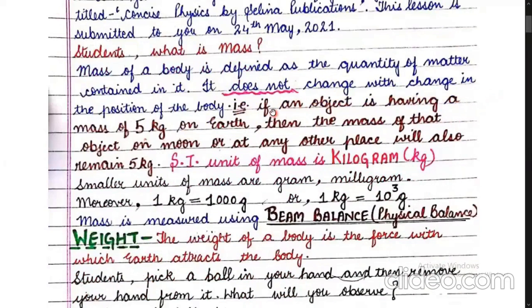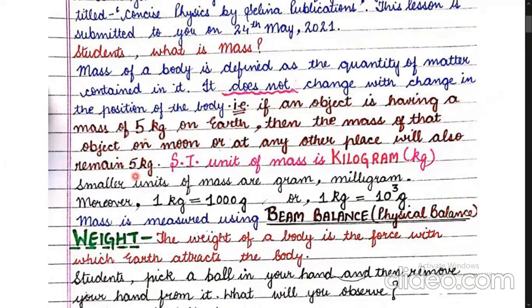For example, if an object has a mass of 5 kilogram on Earth, then the mass of that object on Moon or at any other place will also remain 5 kilogram.